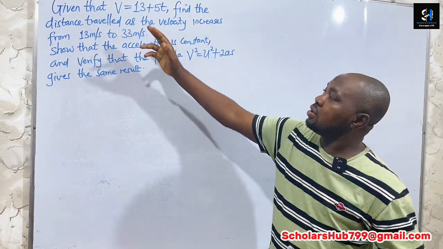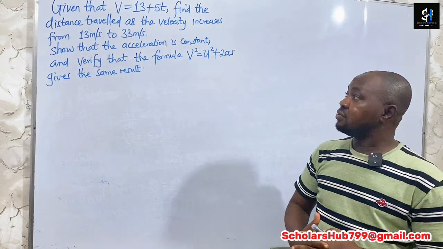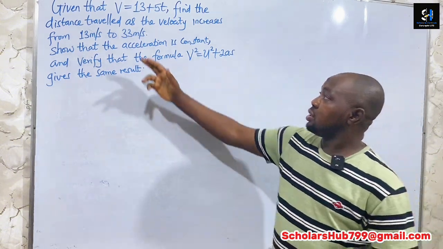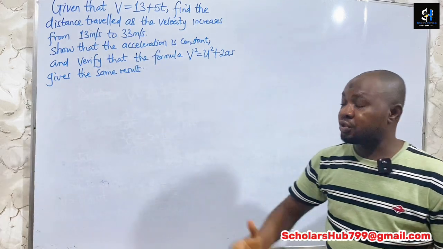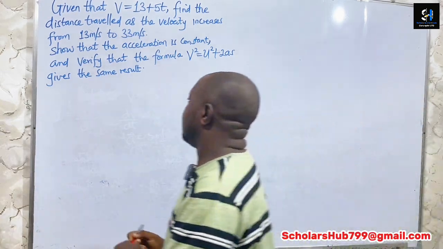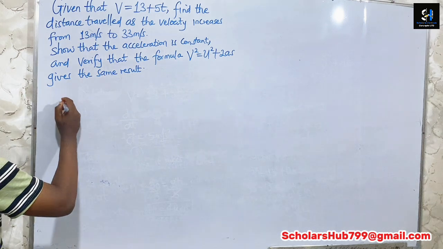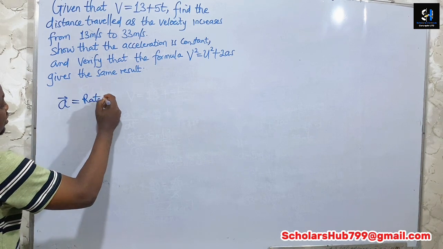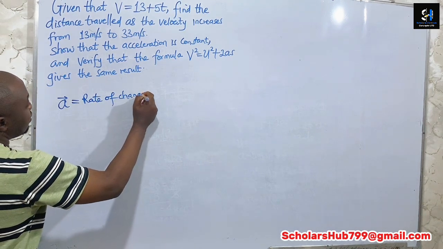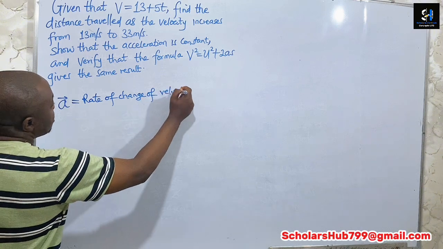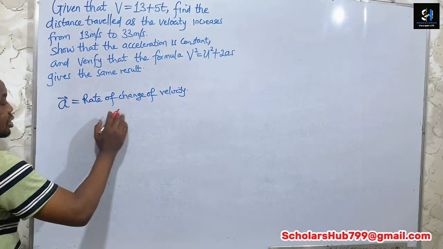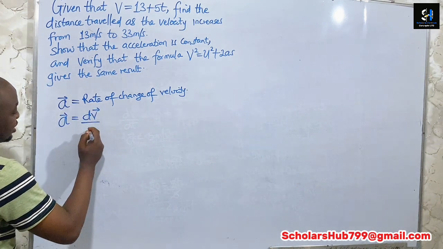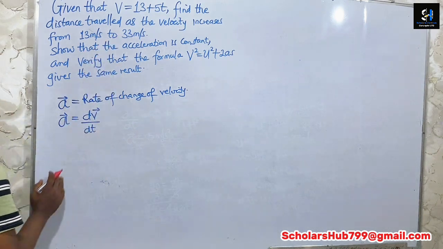We know that acceleration can be defined as the rate of change of velocity, which means acceleration can be expressed as the first derivative of velocity with respect to time t.